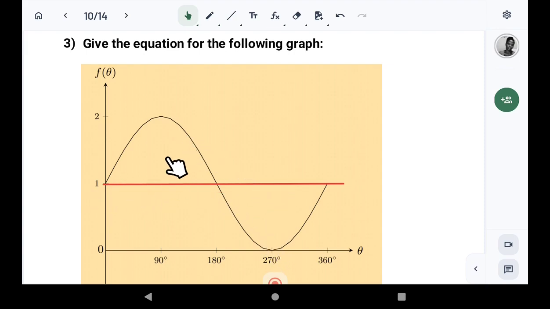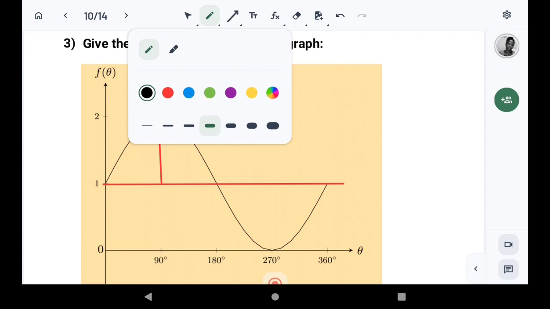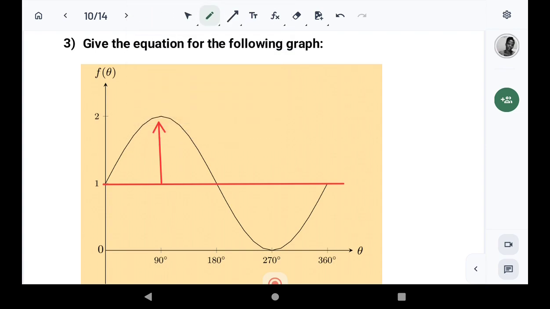That is from 1 to 2, which is 1 unit long. So you have an amplitude of 1, meaning that your A is equal to 1.